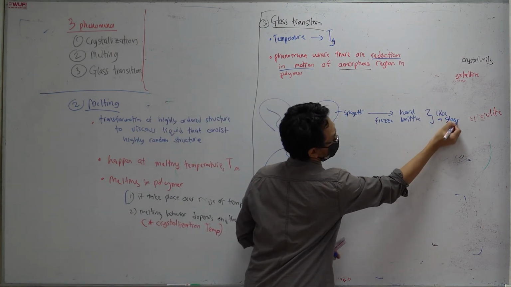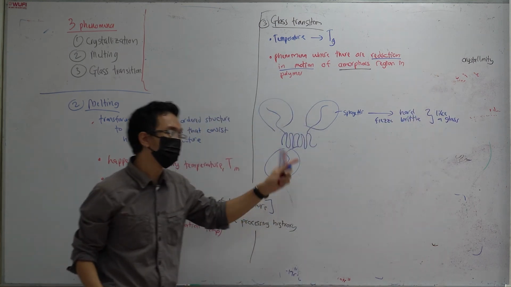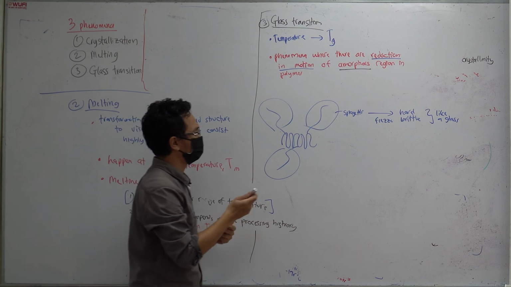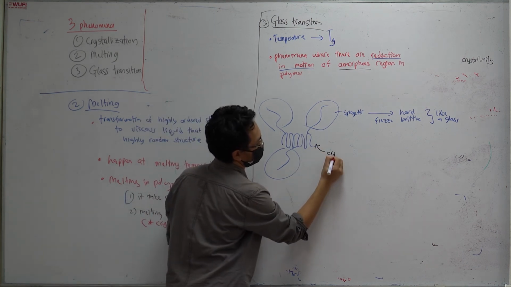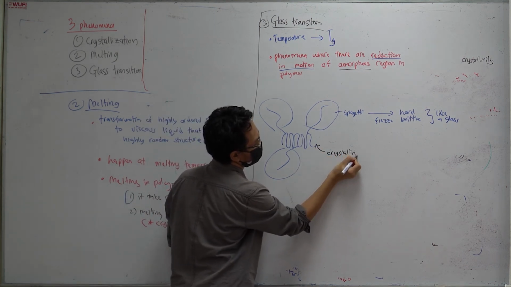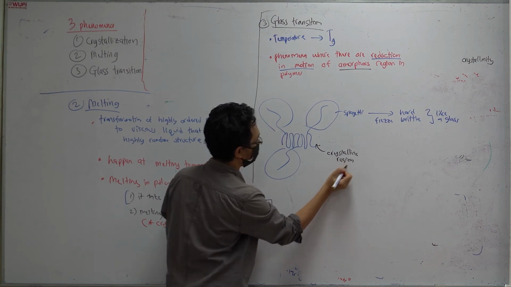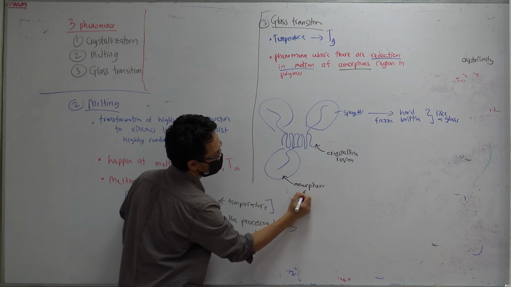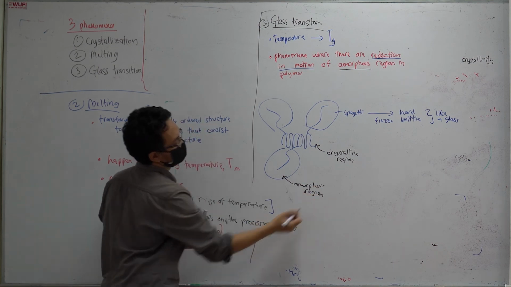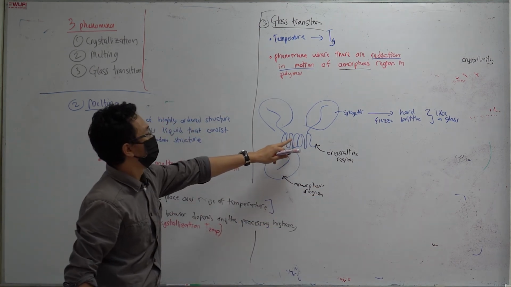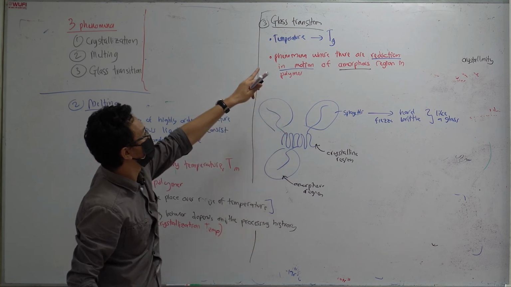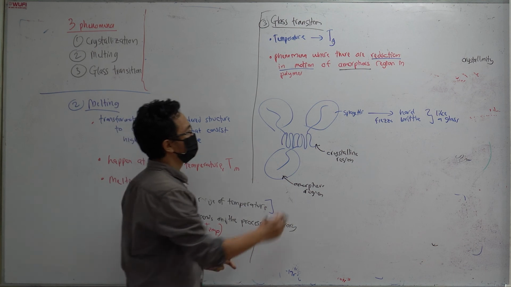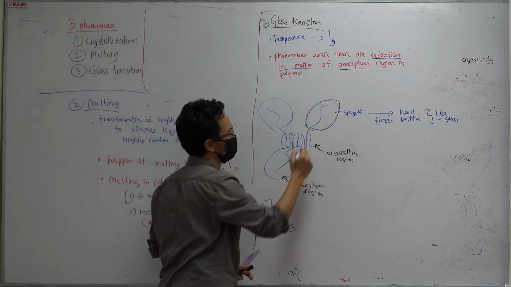glass. So because polymer has both this crystalline region and also the amorphous region, the glass transition phenomena will happen only on this amorphous part.